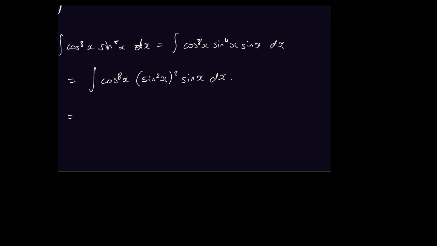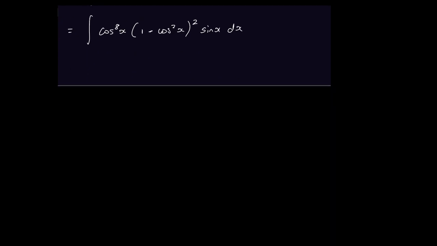To which we then say cos 8x times (1 minus cos squared x) squared times sin x dx. So what's our third step? The third step is to use substitution. Let u equal cos x.